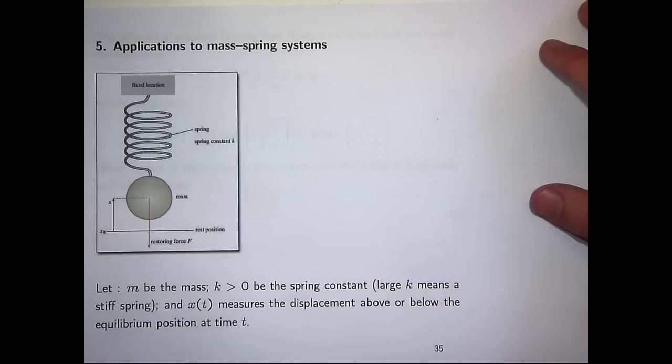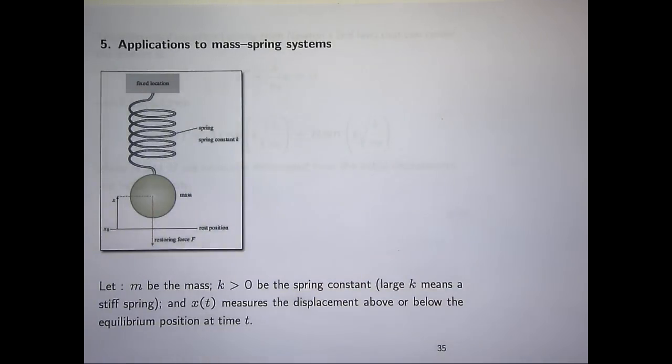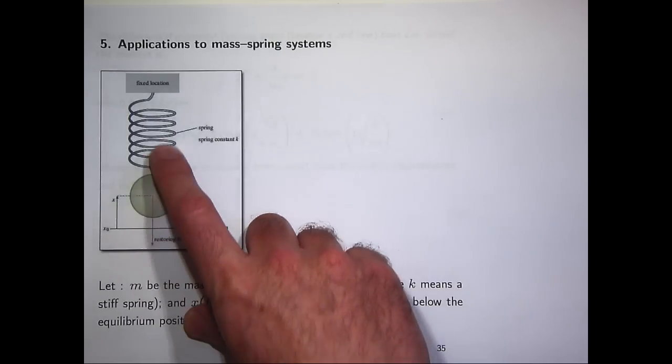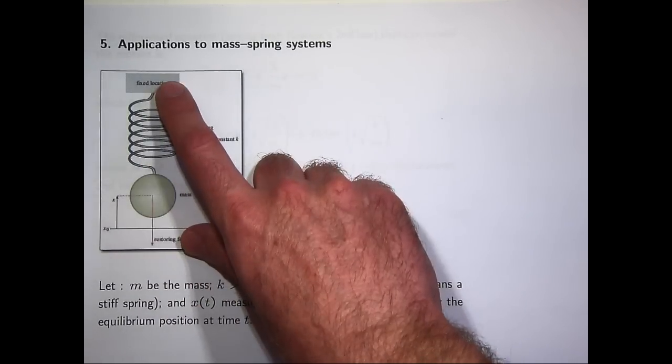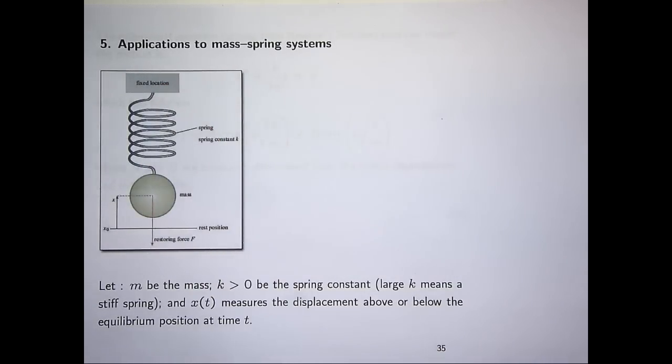Good. Okay, so I know it's a bit hard to see all the writing in here, so you might have to look at the page in front of you. This is like a spring mass type system. So you've got a mass attached to a spring, and the spring's attached to some, or fixed to some location.